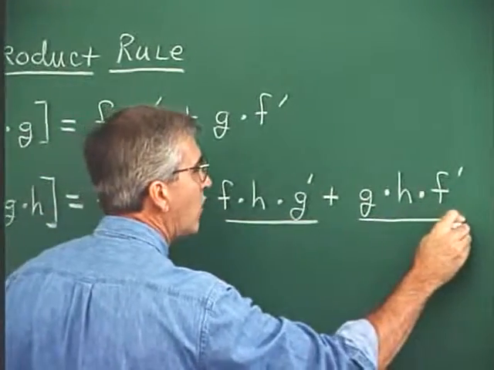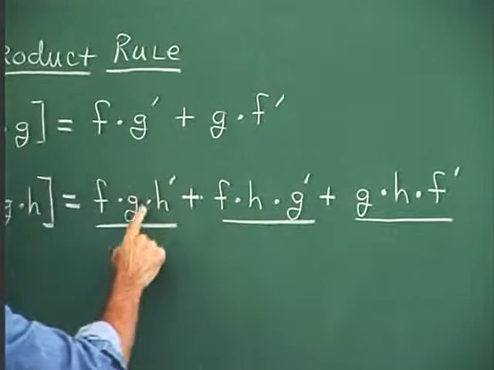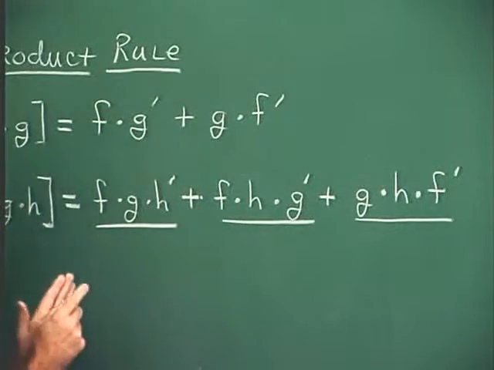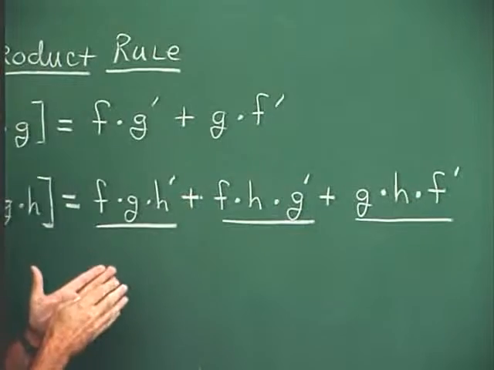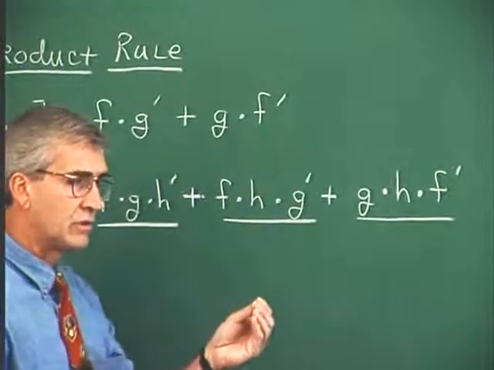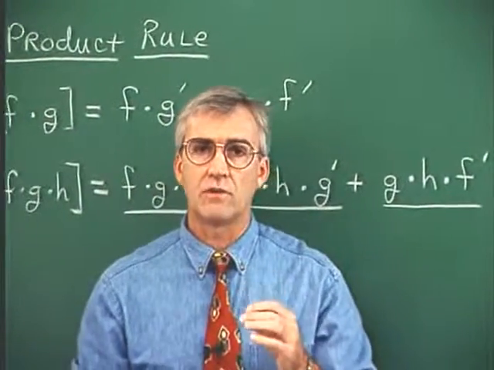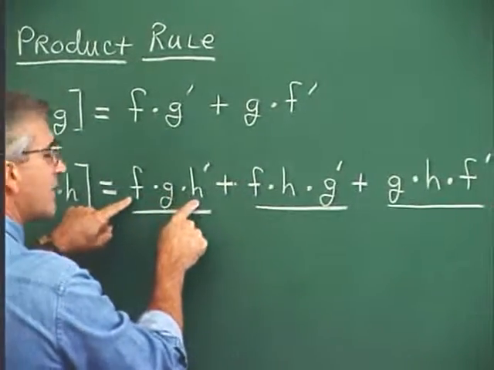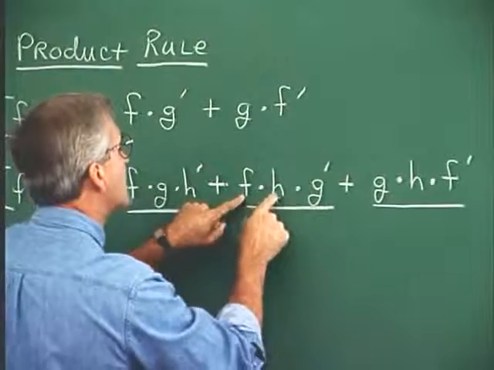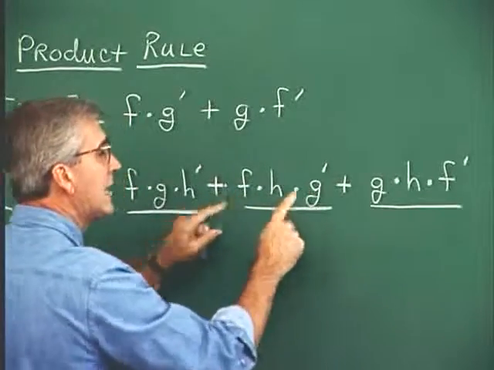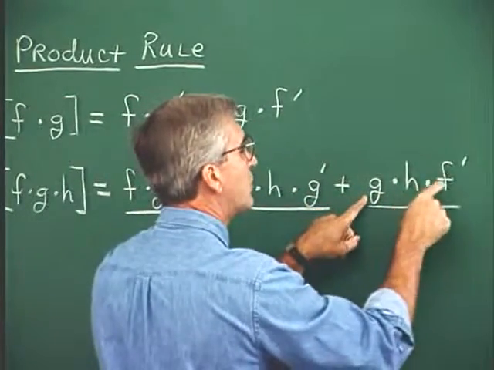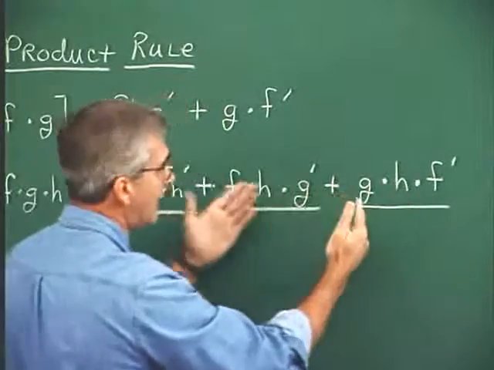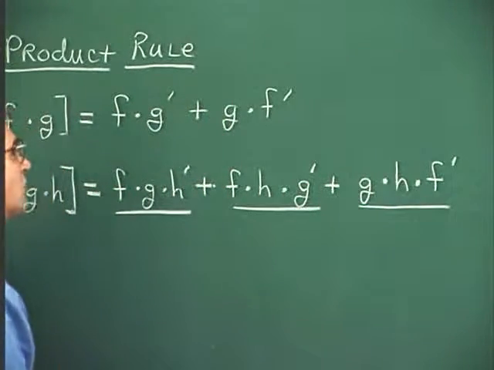Now, notice that all we're doing in each of these items that are being added is that we're taking the derivative of one of the functions and multiplying times the other two functions. So here we have f times g times the derivative of h, and here f times h times the derivative of g, and here g times h times the derivative of f. You see, and that generally is the way that these will flow.